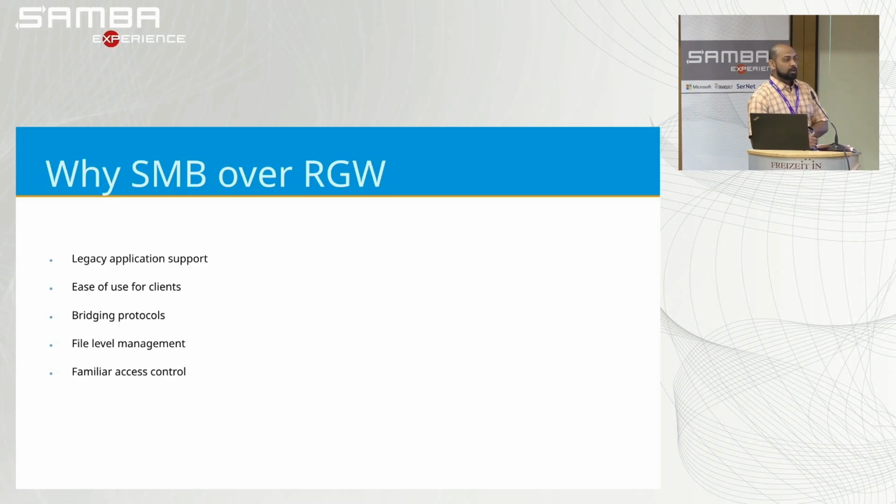That means any POSIX compliant client should be able to make use of RGW, that is an object store, without modifying their application, without rewriting them, or without learning new commands to talk with it. It bridges protocols.